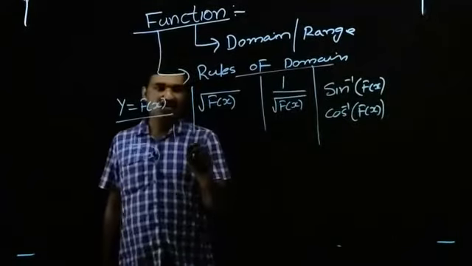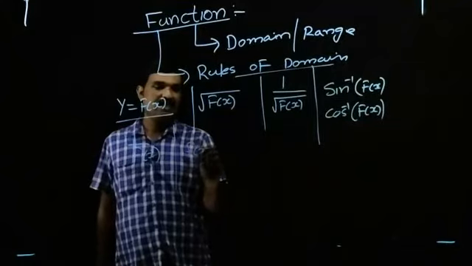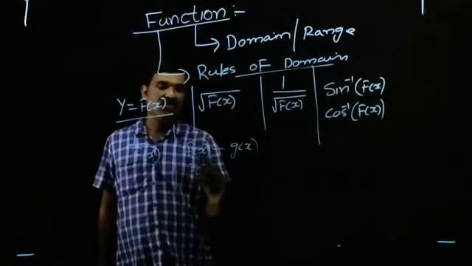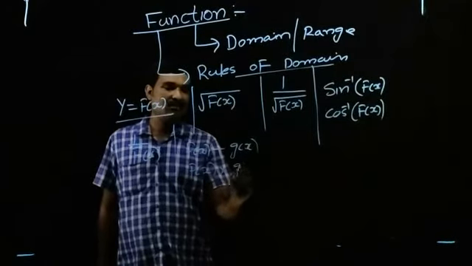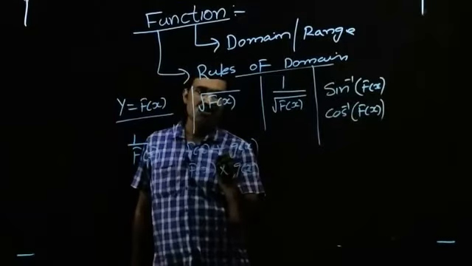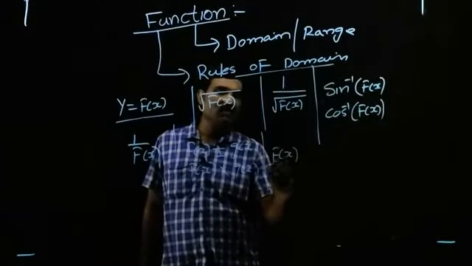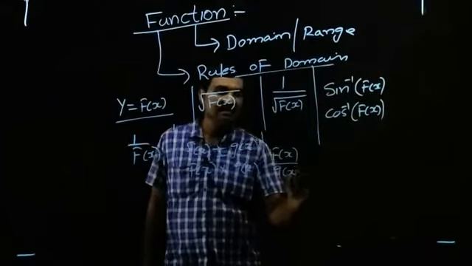Or suppose we have two functions, f of x plus g of x, or f of x multiplied by g of x, or this may be plus or minus, or we have f of x divided by g of x.